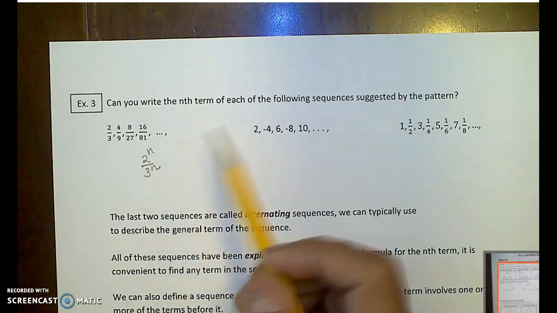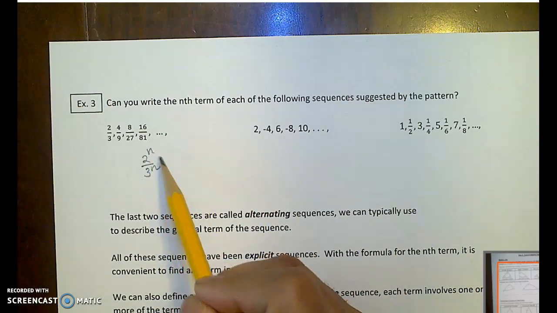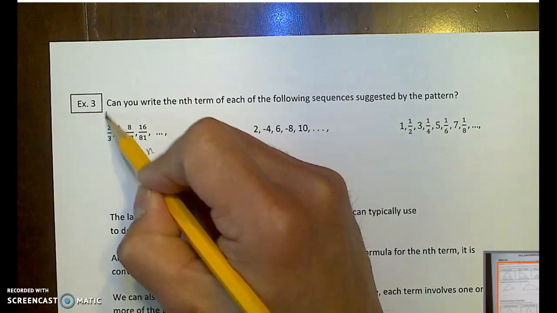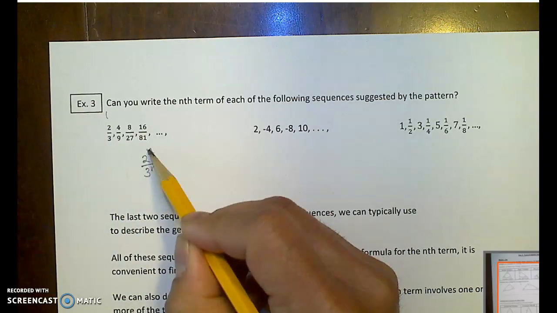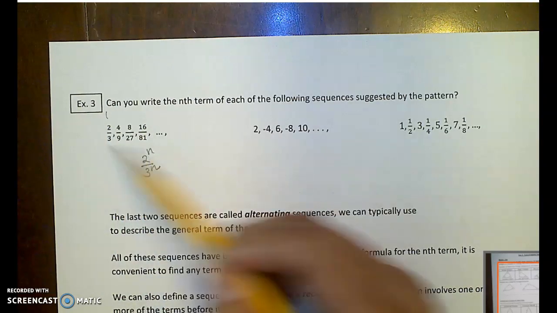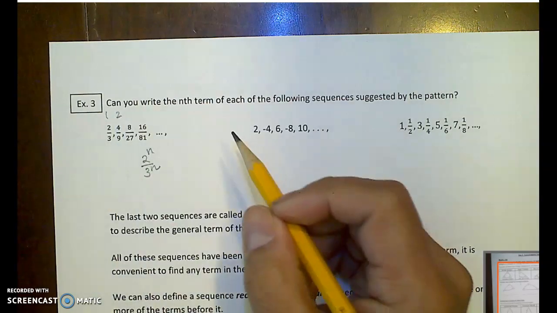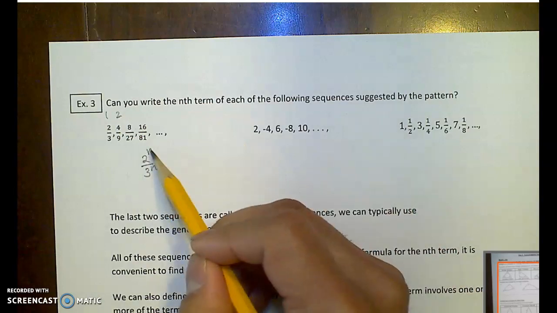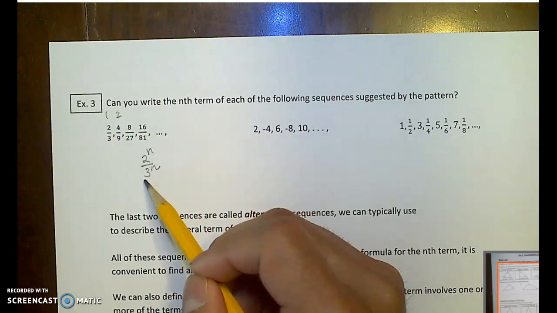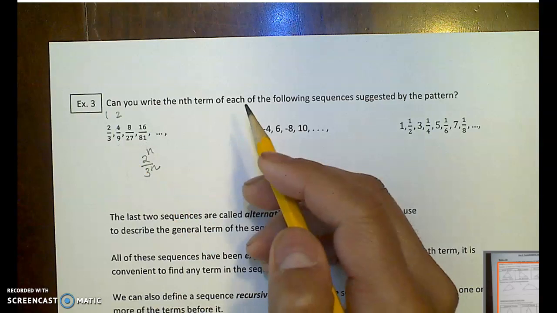And we can test this out too. If I plug 1 in for n for the first term, I get 2 to the first over 3 to the first, which is 2/3. If I plug 2 in for n, 2 representing the second term, I get 2 squared, which is 4, over 3 squared, which is 9.